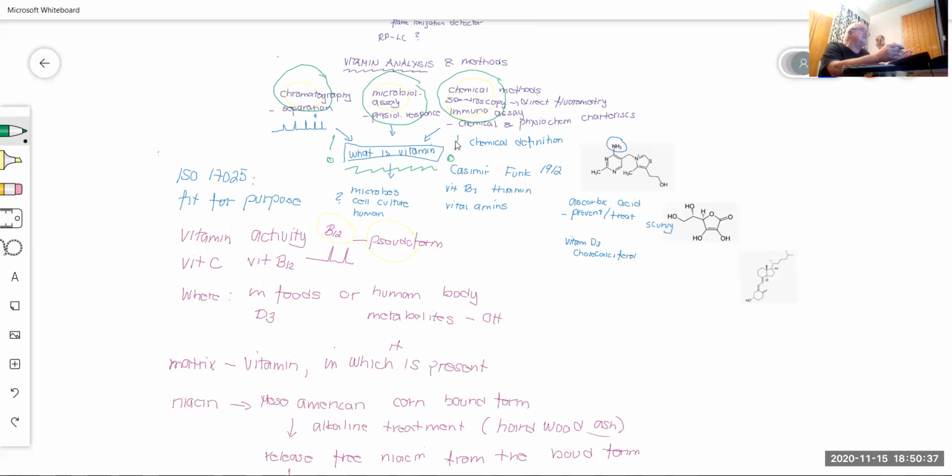Okay, this is good for that, but we are missing that information. This is the information we don't get with this method. So let's not go into the details that vitamin B1 is analyzed with this method and vitamin B2 with that method, because that is a never-ending story. Let's take these 3 main categories: chromatography, microbiological or biological assay, and others.